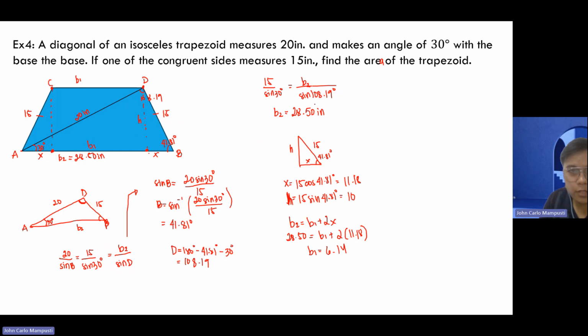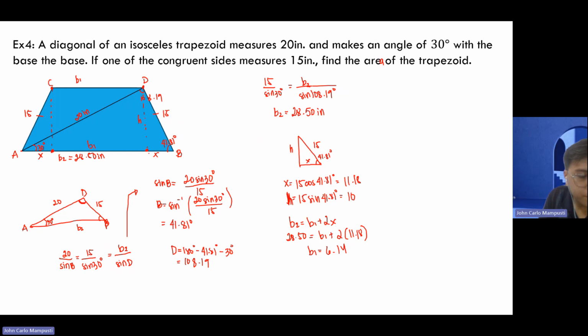So, double check nyo na yung solution natin. So, check natin. Baka may kamali tayo. So, 20 to 15, 30 to. So, opposite yun to 15, 20. So, angle B natin is 41.81 degrees. So, this is 108.19.